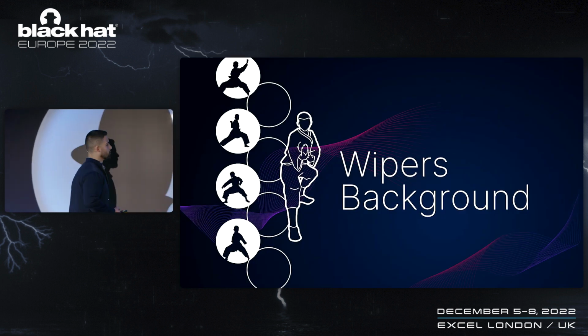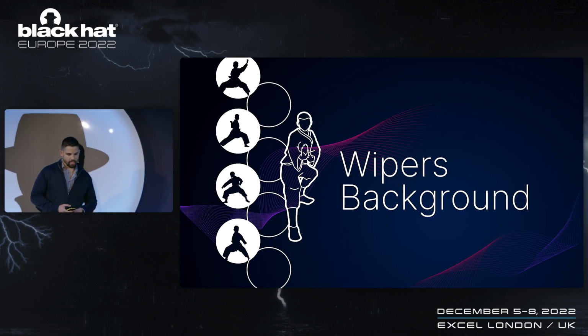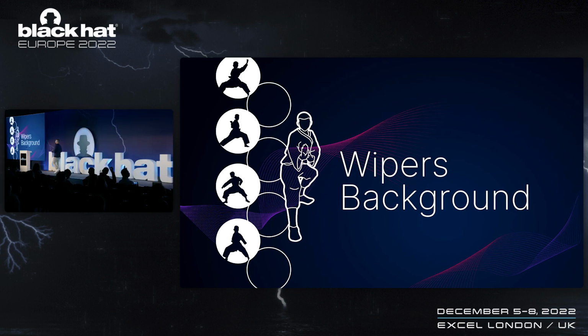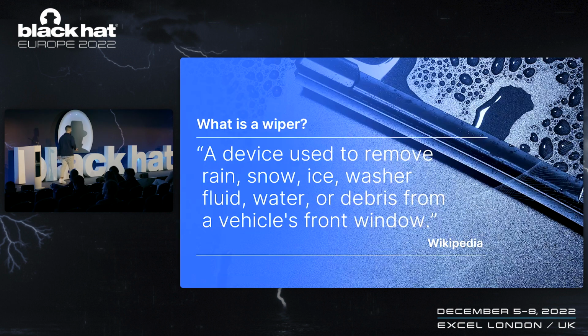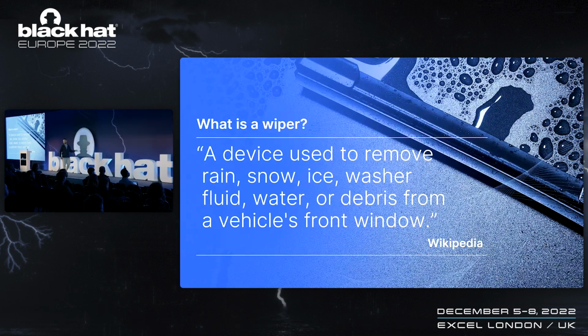So let's talk a bit about wipers in general. The first thing that I did, of course, when I started this, is that I went to Wikipedia to see what's the actual definition of a wiper. According to Wikipedia, a wiper is a device used to remove rain, snow, ice, washer fluid, water, or debris from a vehicle's front window.